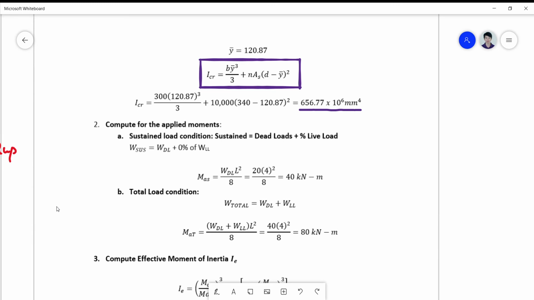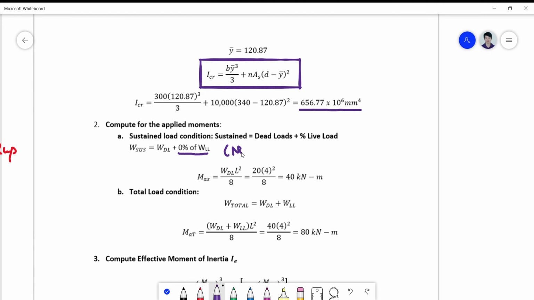So again, as I have mentioned in my discussion on deflection control, the sustained loads are equal to the dead load if the percentage of live load is 0. Okay, so when does the sustained load differ from the dead load? When this percentage becomes greater than 0, such that we are considering storage and warehouse occupancies.